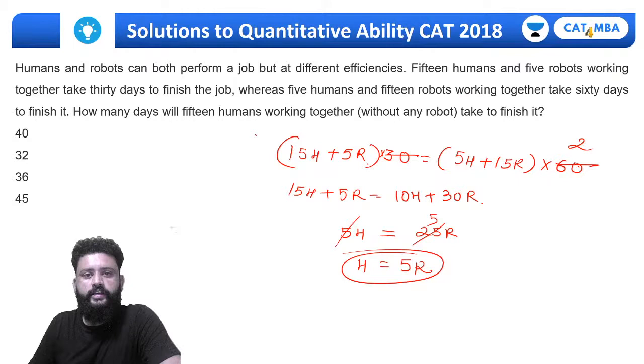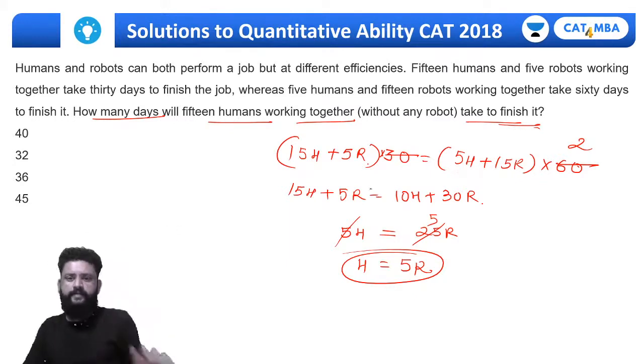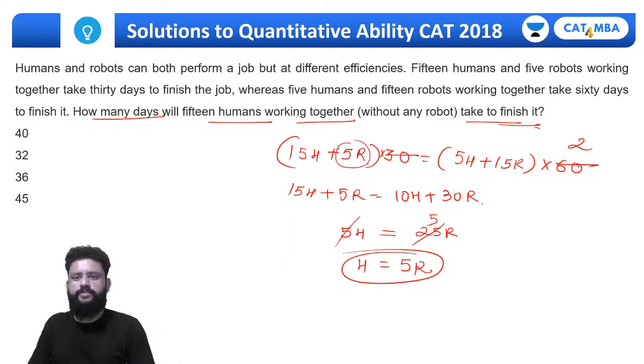Right? So the question here is, how many days will 15 men working together, 15 human working together without any robot take to finish it? Okay, so first thing, listen, this 5 robots is as good as 1 human. Is it right?